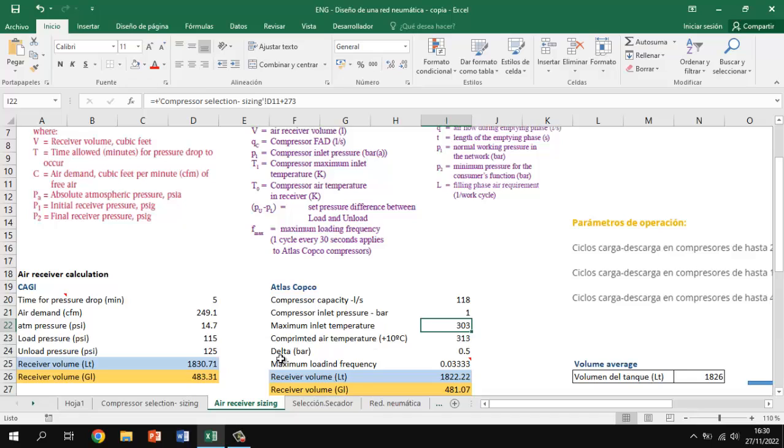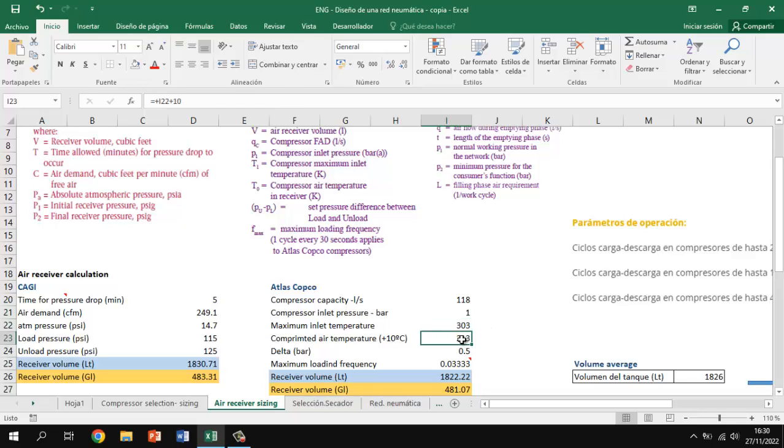It's that data. And something that you need to know for your calculation and for your design, in this case of a pneumatic system, is that the most common situation is that the temperature of your compressed air is going to be 10 Celsius more than the initial room condition temperature.